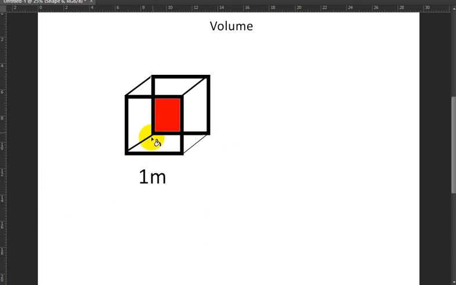Each square, so here, for example, this front part, let's pretend for a minute that this side was actually not see-through. You couldn't just see through it, right?